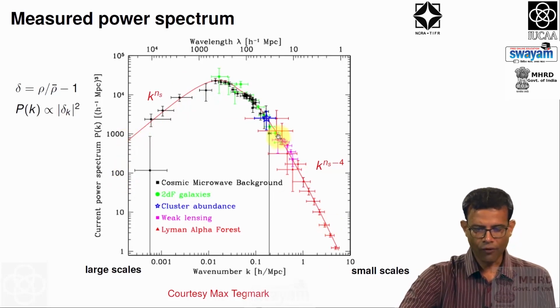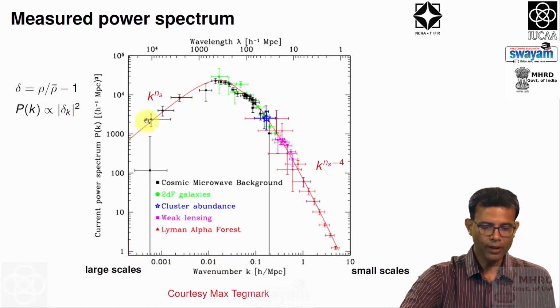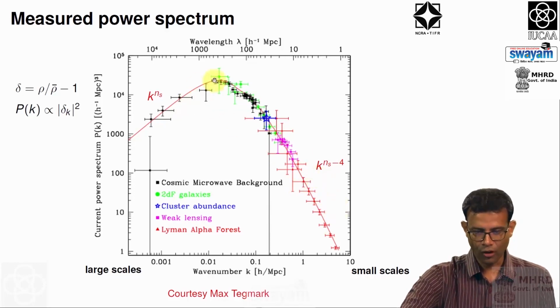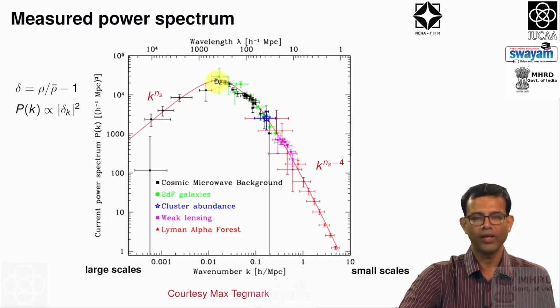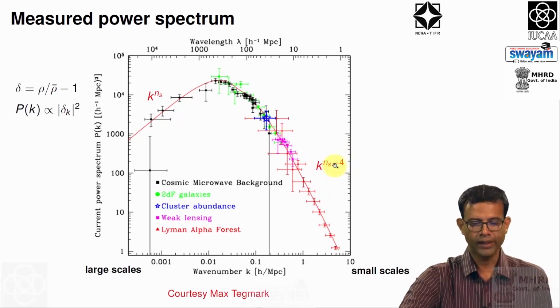Now, what does this form represent? At large scales, meaning small wave number, small k, the form is basically the primordial form, k to the n. At small scales, however, the form is different, and it does not follow this k to the n form because of the modes evolving differently at different scales, and it has a form which is k to the power n minus 4.